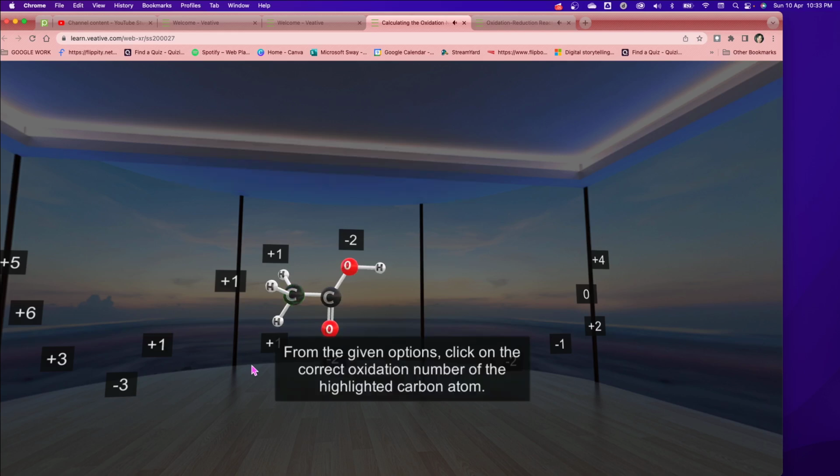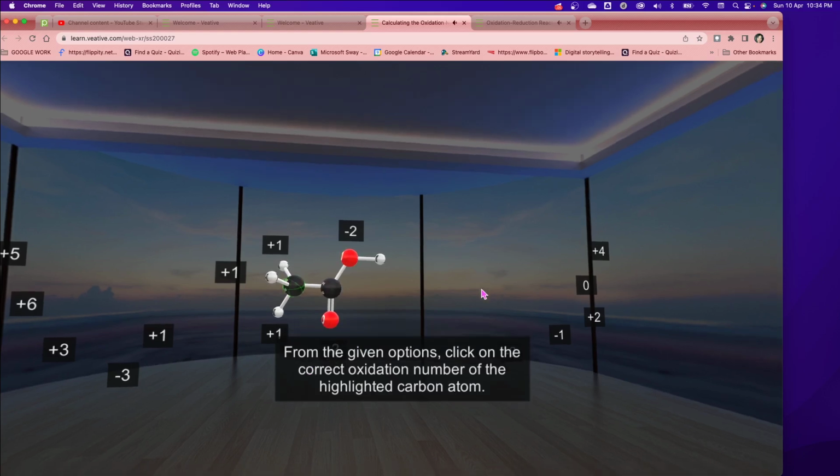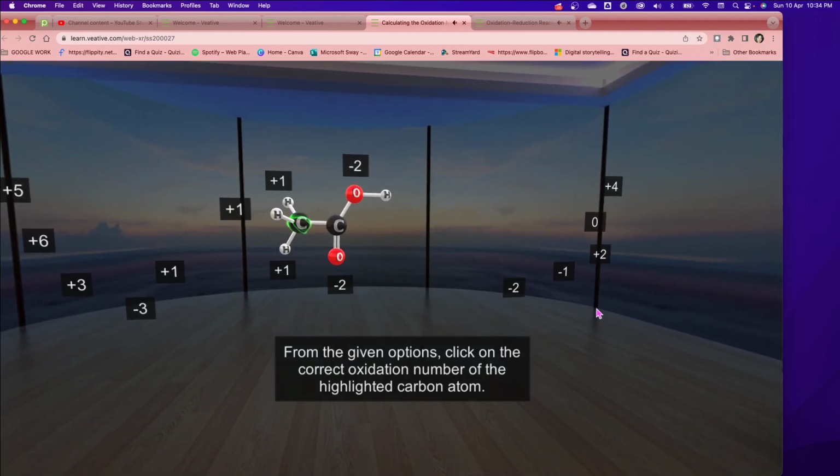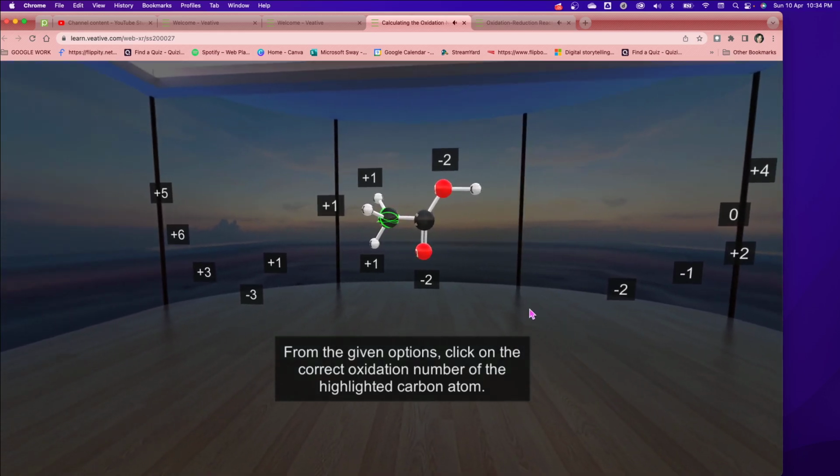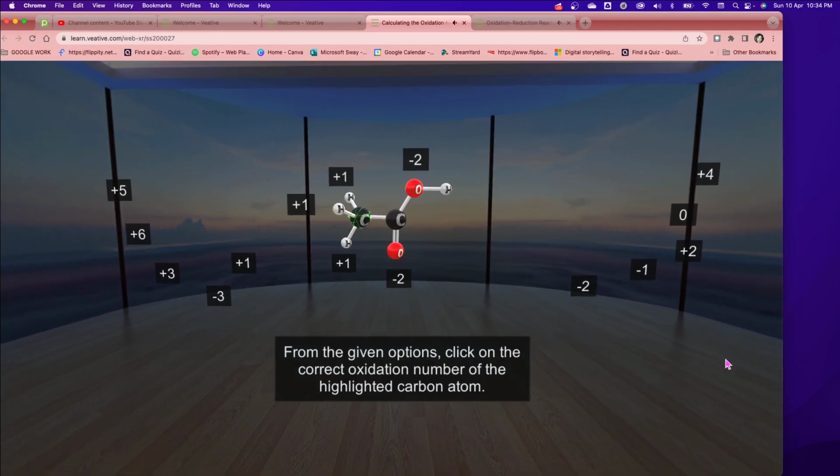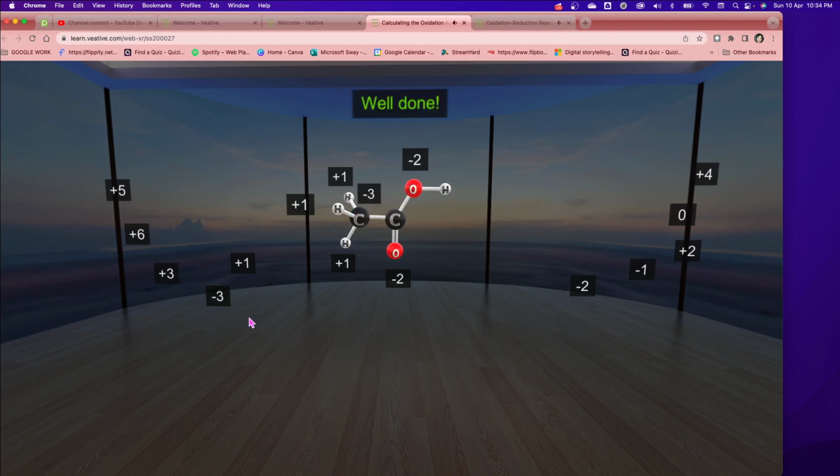From the given options, click on the correct oxidation number of the highlighted carbon atom. Well done!